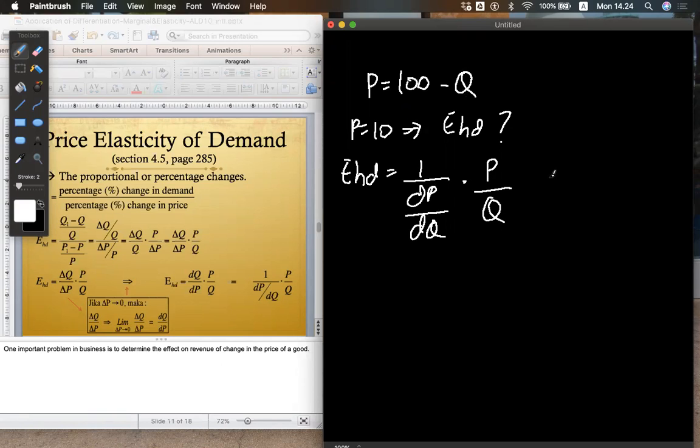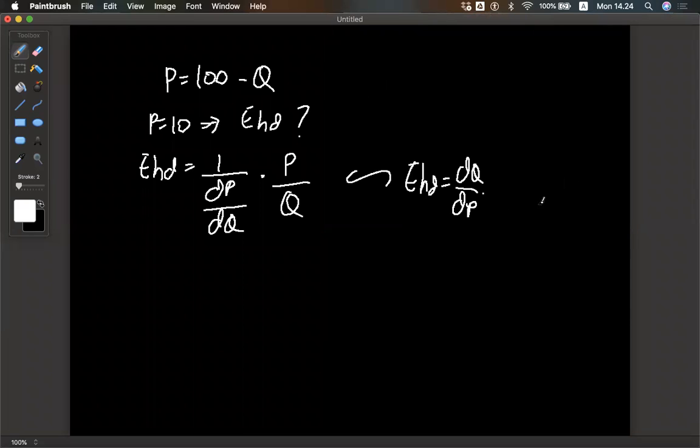And the other one is Ed with dQ by dP times P by Q. In this case, I just try to make Q a function of P. So Q equals 100 minus P, right?